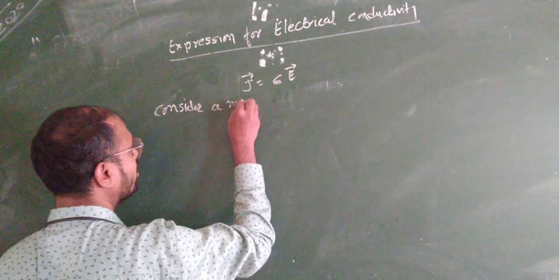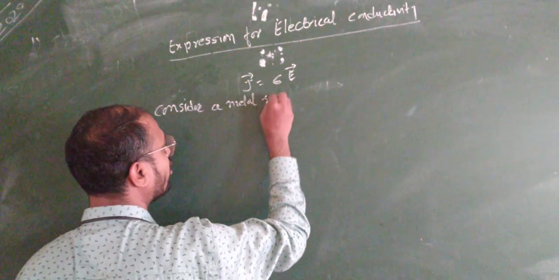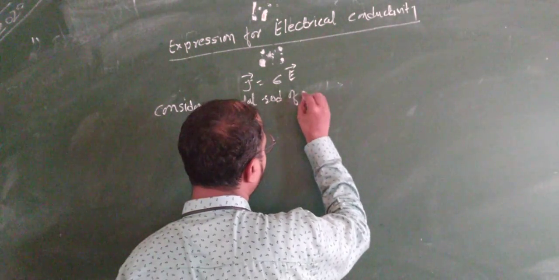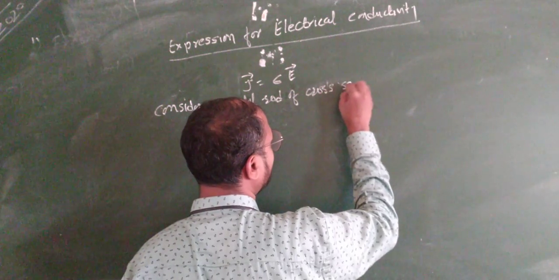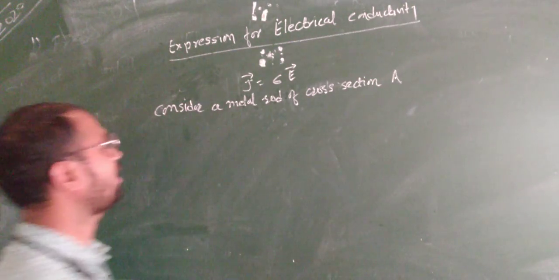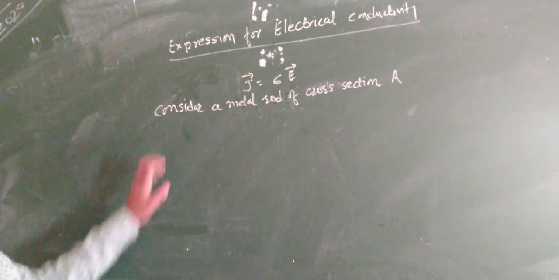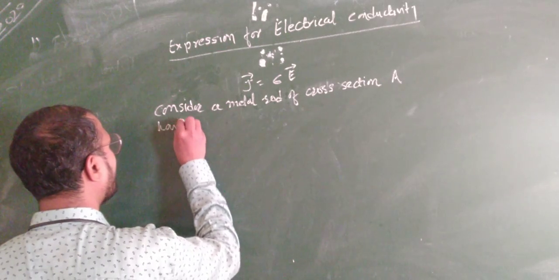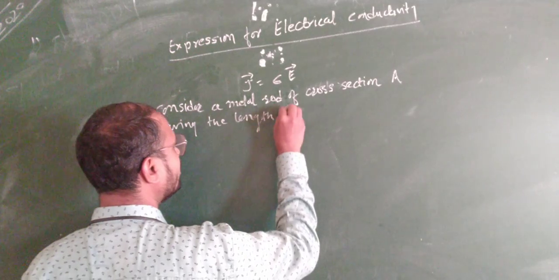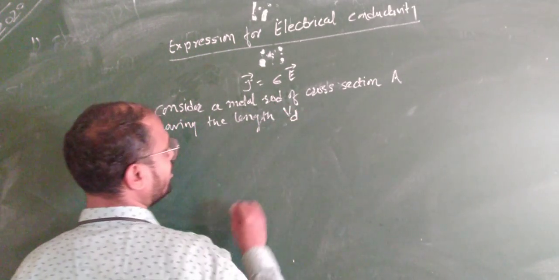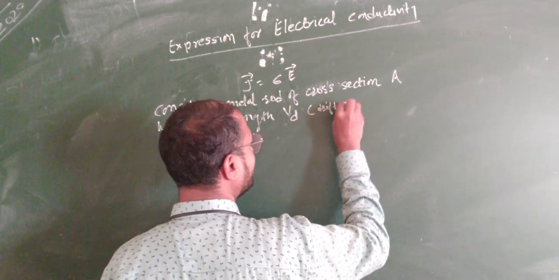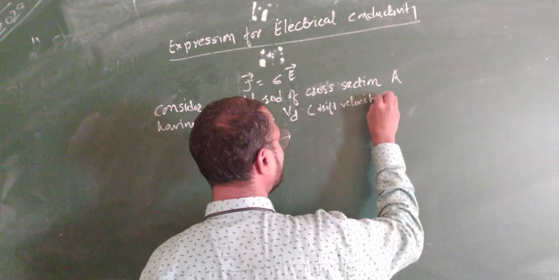a metal rod. Consider a metal rod of cross-section A having the length VD, where VD is nothing but the drift velocity.